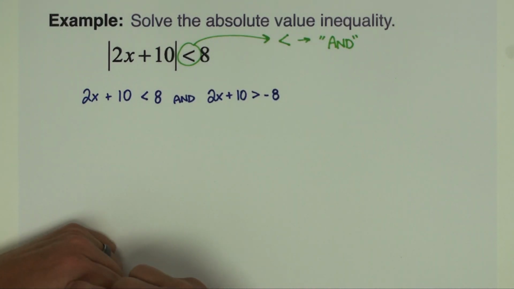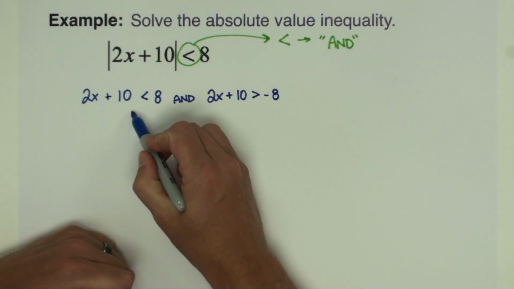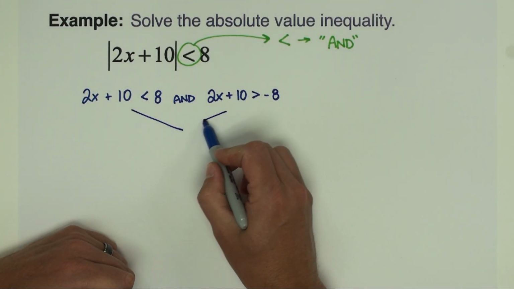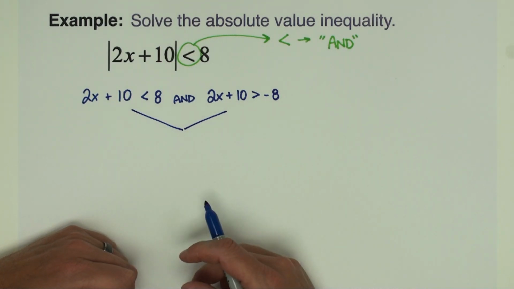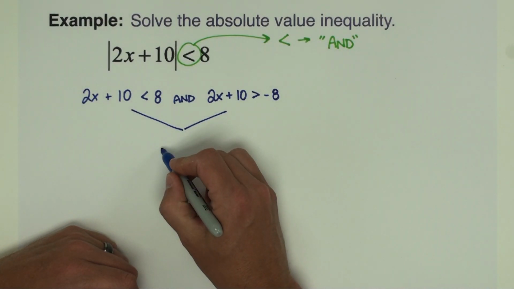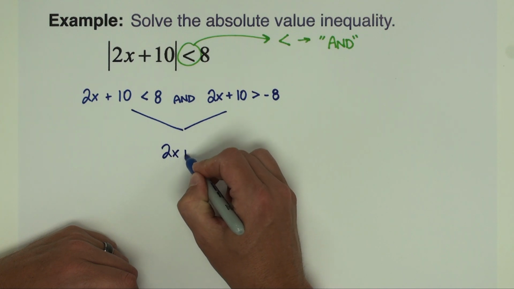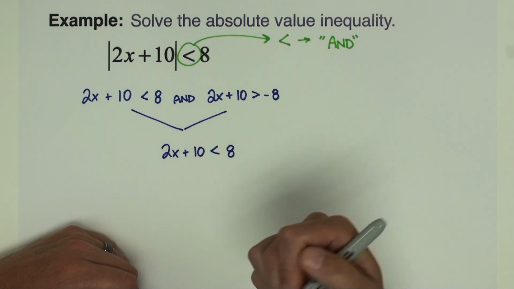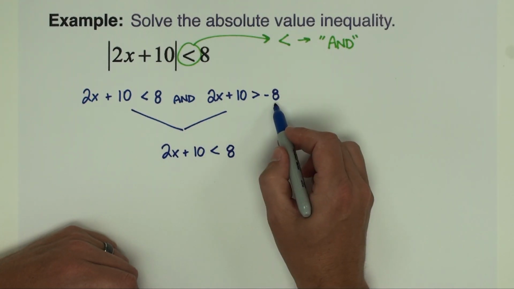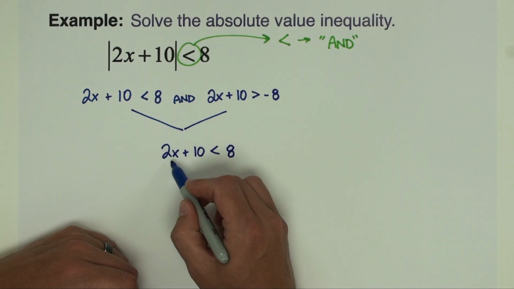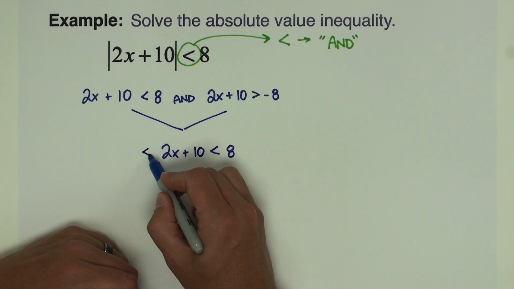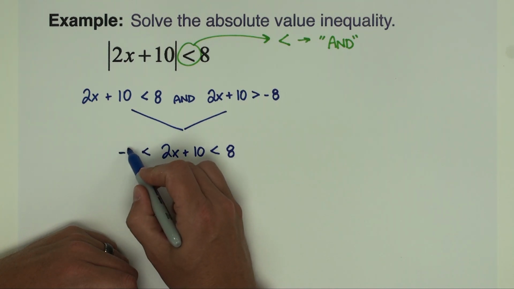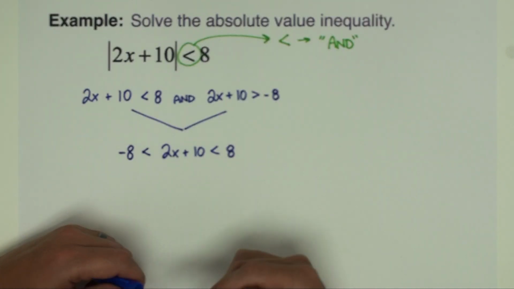You can write it like that, or you can combine these into a single statement. So I could write 2x plus 10 is less than 8, and my greater than side, I can throw it on the other end. I can say 2x plus 10 is greater than -8.